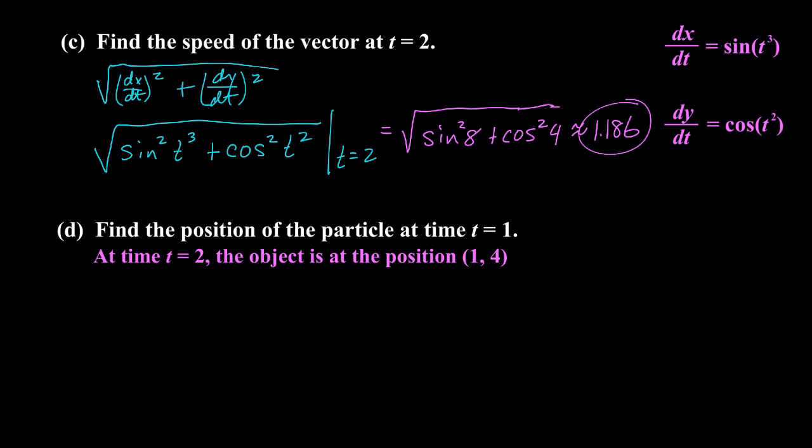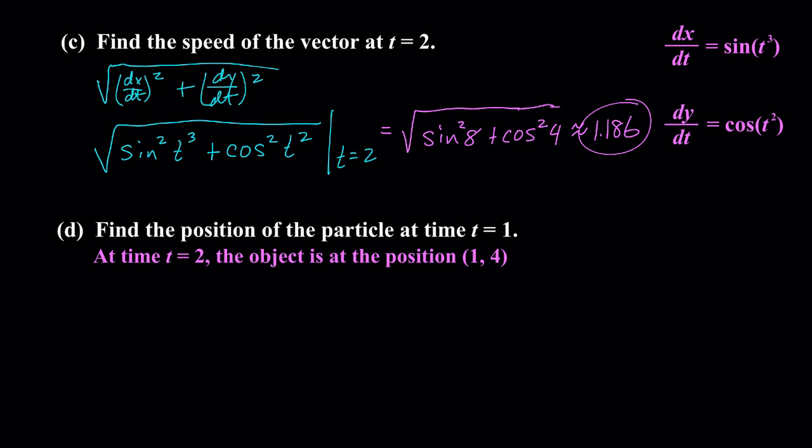And the last question says find the position of the particle at time t equals 1. Once again we know the velocity in the x direction and the velocity in the y direction, so we can get the position like we did in a previous problem using our fundamental theorem.